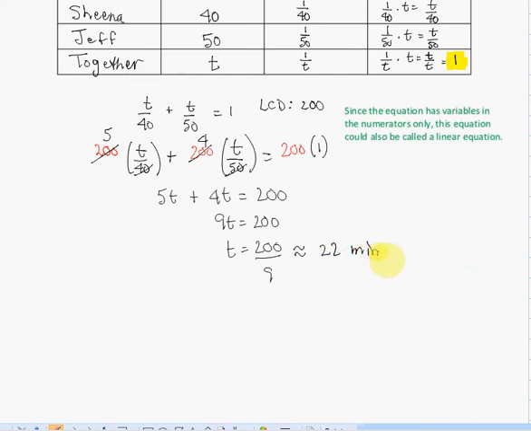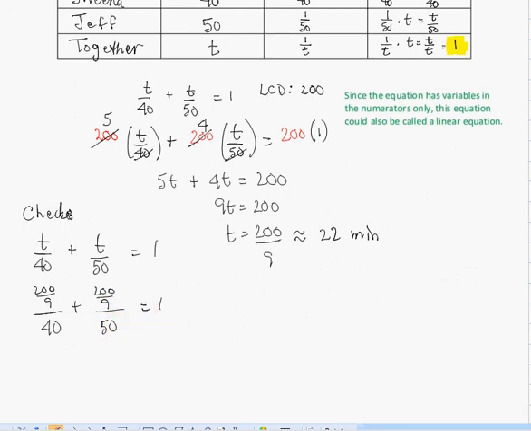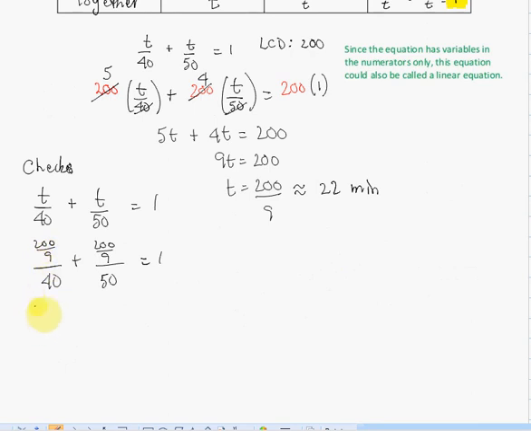22 minutes. Okay, now you can check your work, but don't check with the decimal, check with the fraction. So we go back to our original equation, plug in 200 over 9 for t. Remember that when you divide fractions, you multiply by the reciprocal.